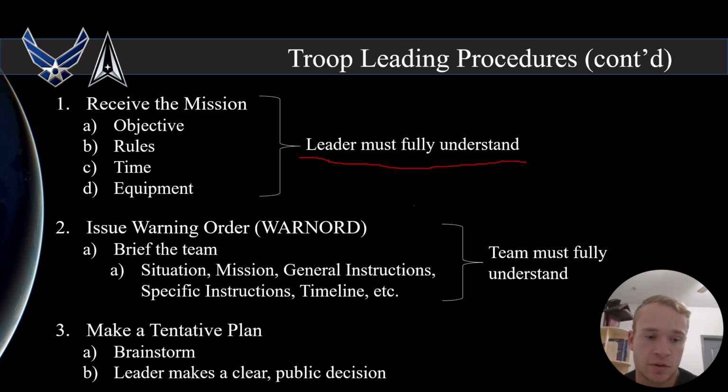So once again, you can split the group, you can brainstorm in separate groups however you wish, but the leader at the end needs to make the choice towards which decision and which plan, say, both groups give you a different course of action and a different plan. The leader is the one making a clear and public decision at the very end on which course of action they need to take. And this, once again, all needs to happen within your allotted time period for planning.